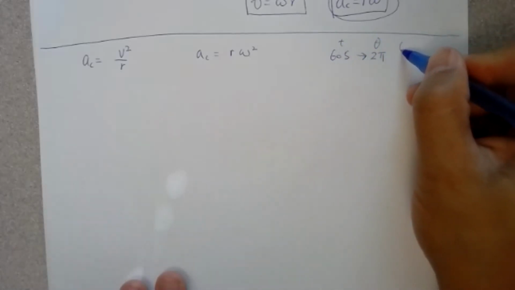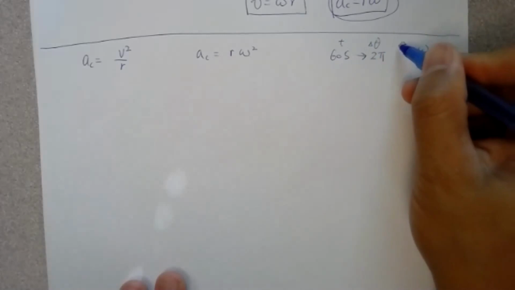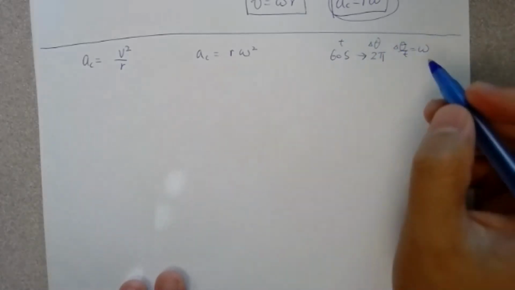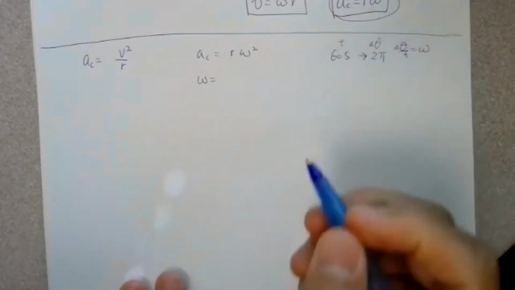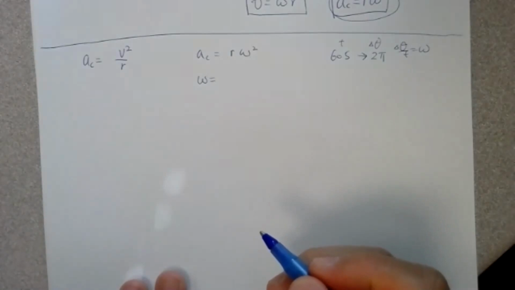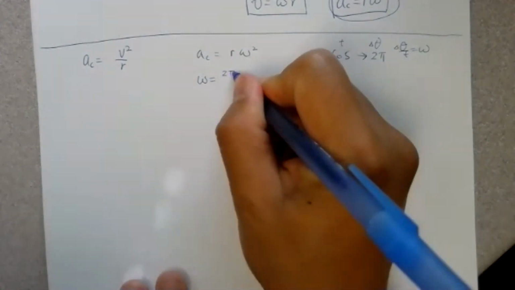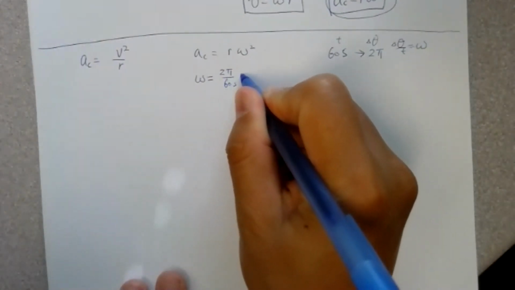If you do delta theta over t, that will give you angular speed. So we can figure this out. Let's use this one here, and we'll figure out our angular velocity omega by doing 2 pi divided by 60 seconds.